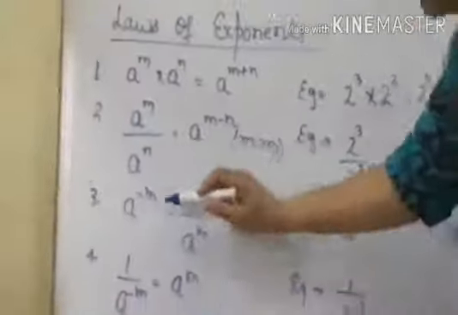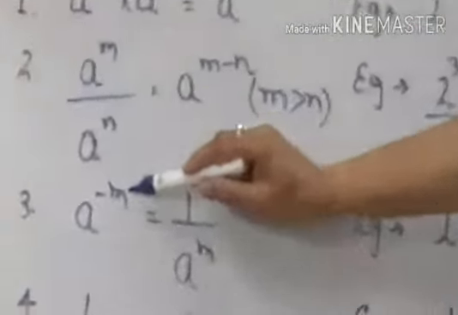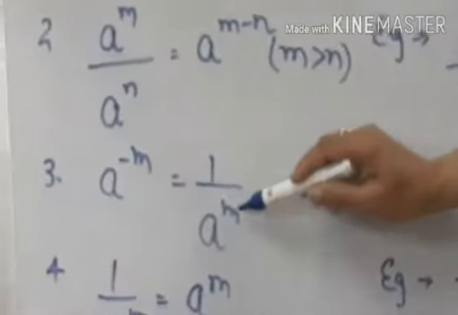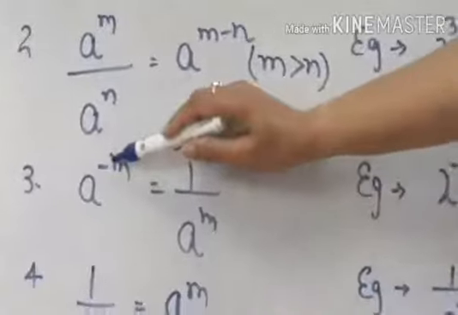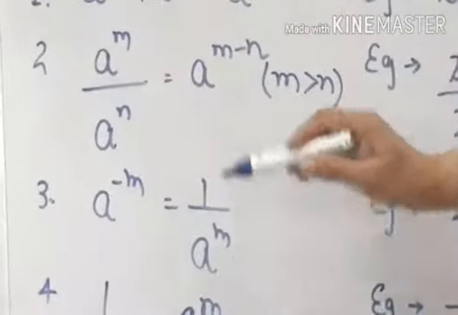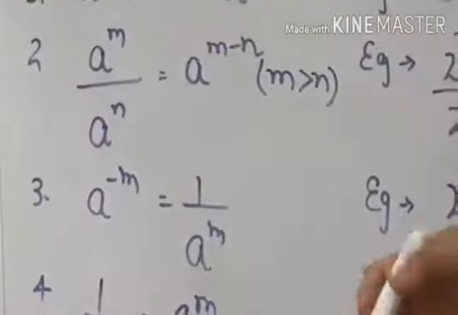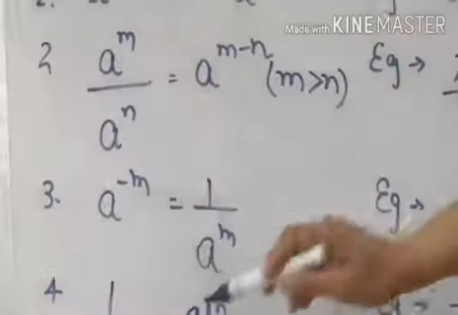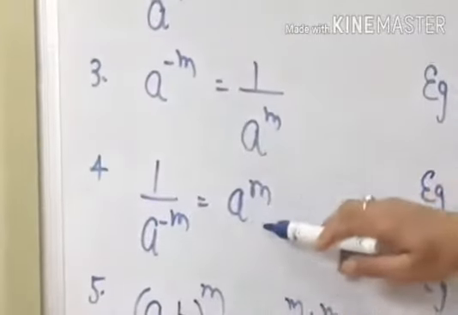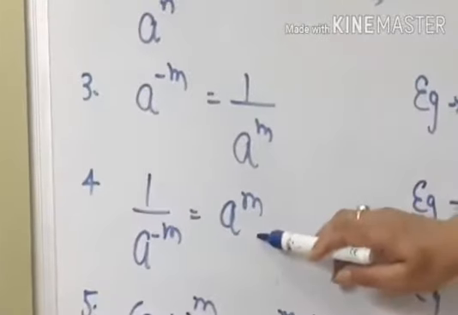Now next law, a raised to the power minus m is equal to 1 upon a raised to the power m. If a minus power is there in the numerator, it will go in the denominator. If a minus power is there in the denominator, it will go in the numerator, which shows 1 upon a raised to the power minus m gives you a raised to the power m.